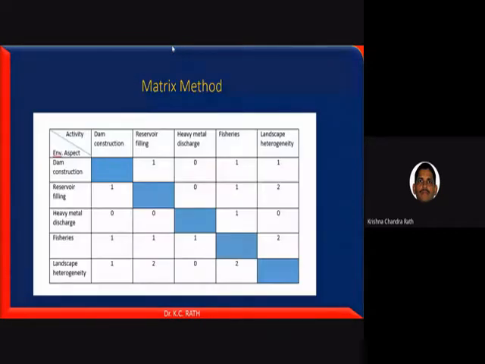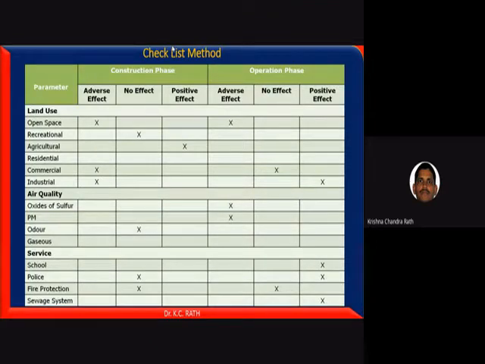These are some of the sketchy examples of the matrix method, which you are all conversant with. I'll show you in the end with the case study examples. The checklist method has all the parameters on one side and the various effects on the right hand side.